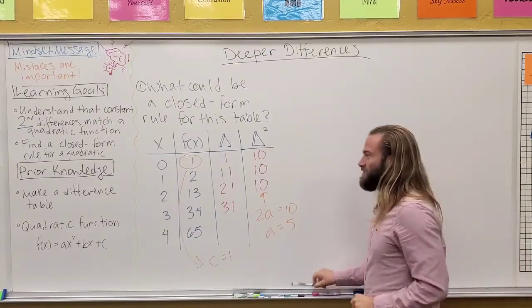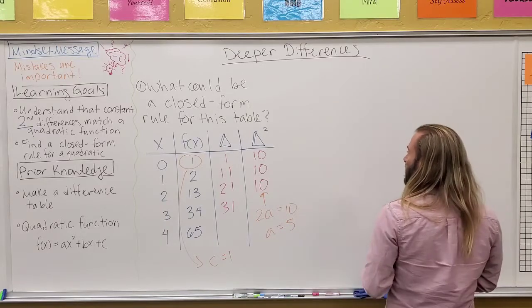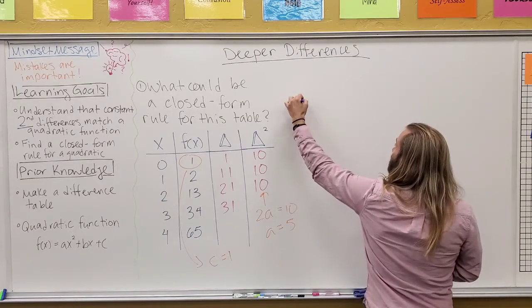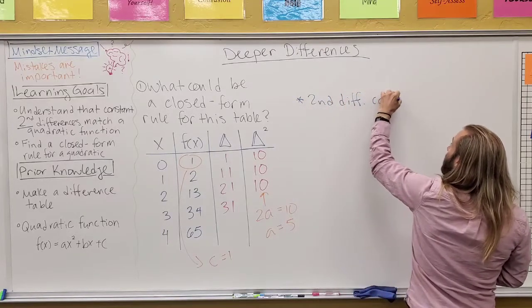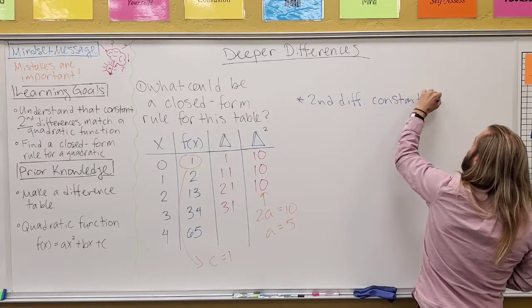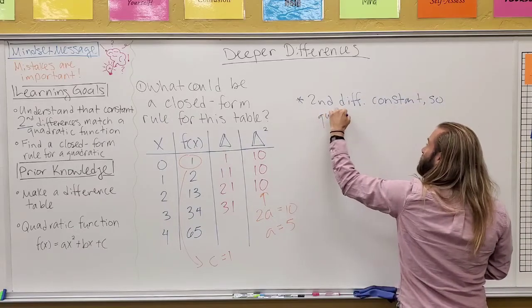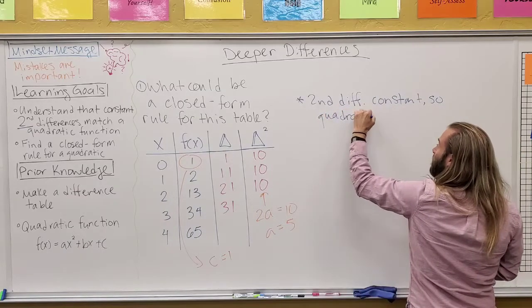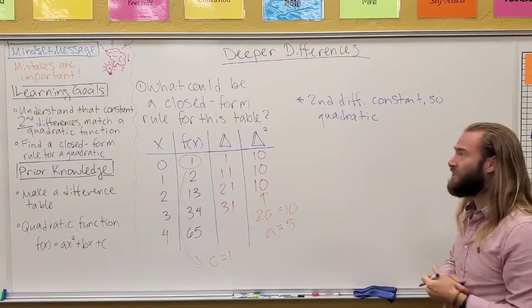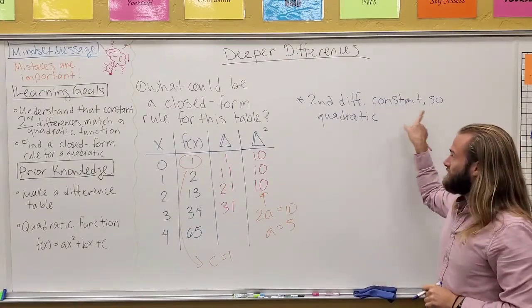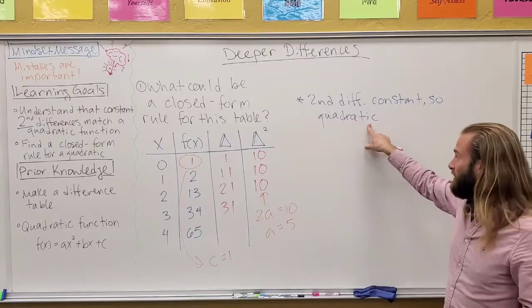This is good, because what I can do then is say, well, okay, first of all, first thing to note is that the second differences are constant, so it must be a quadratic. That's always something to look out for. If you see the first differences are constant, oh, we know that's linear, so I'll make a linear formula. But when the second differences are constant, you know it must be quadratic, okay?